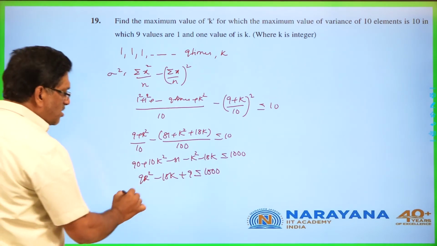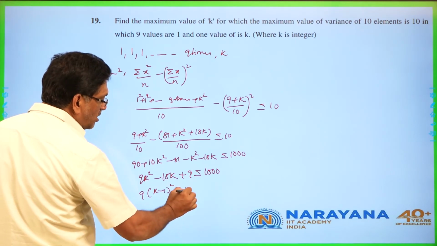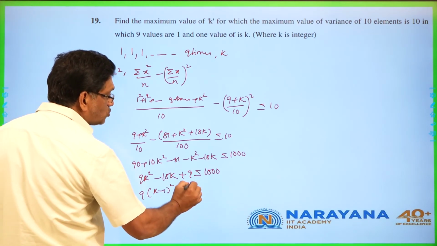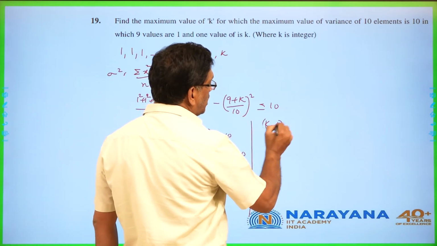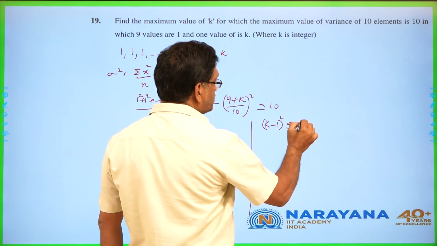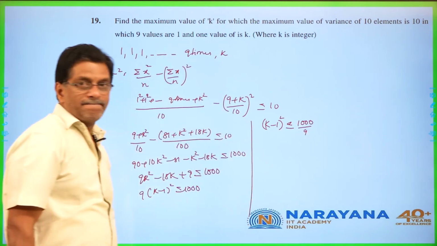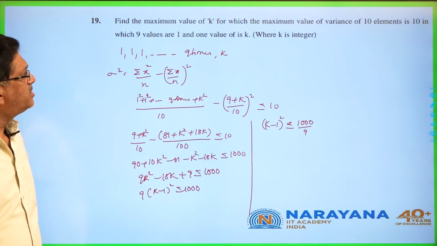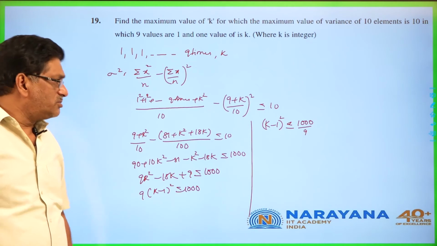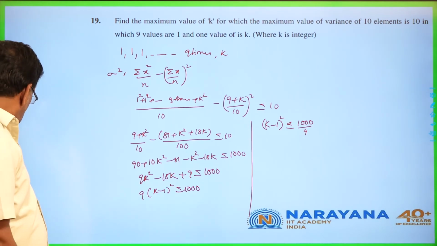We can take 9 common, and it is (k minus 1) whole square less than or equal to 1000 by 9. Now solve the inequality so that you get that value. Okay, let us go to the next question.